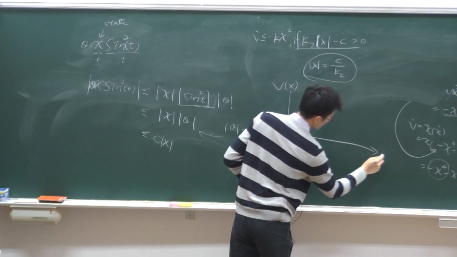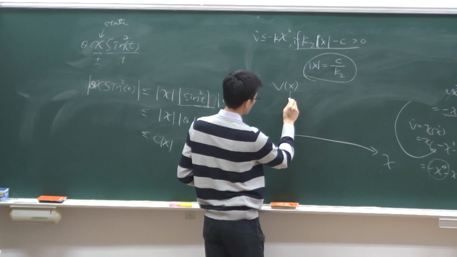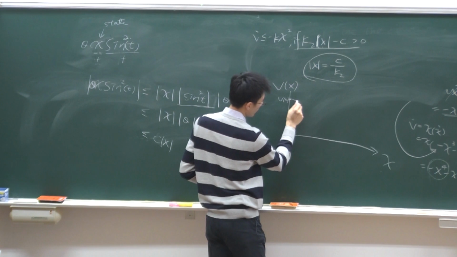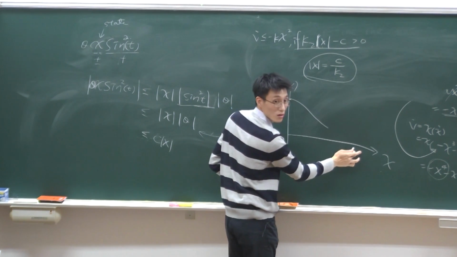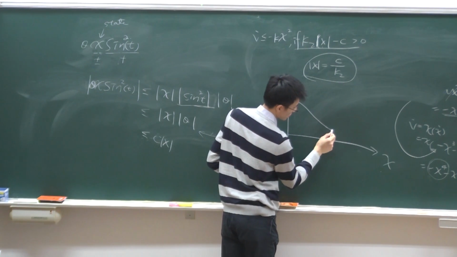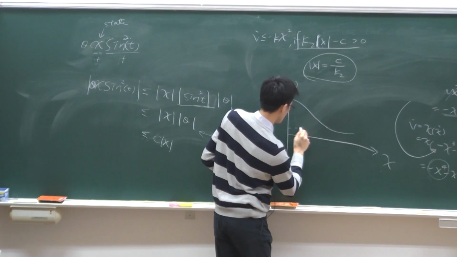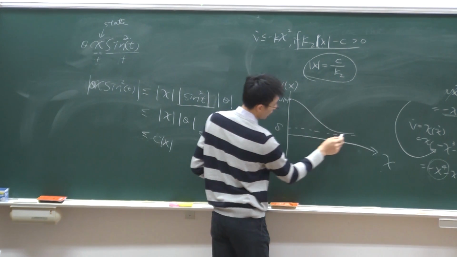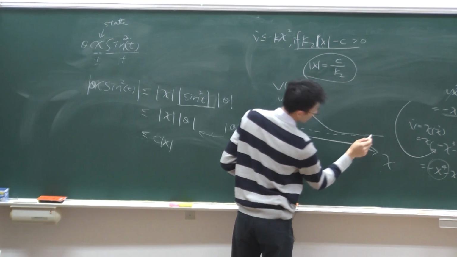So if we plot this, basically when you start from V0, it goes to 0, but it never reaches 0 because of the uncertainty, because of the second term. So eventually, it reaches some UUB, okay?